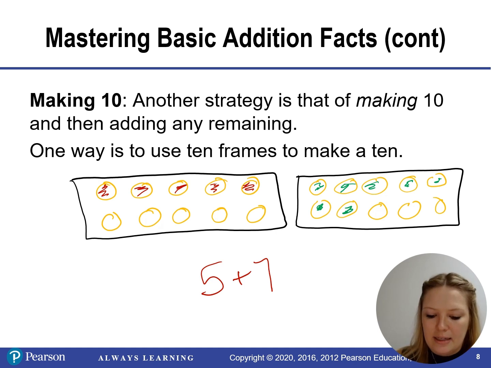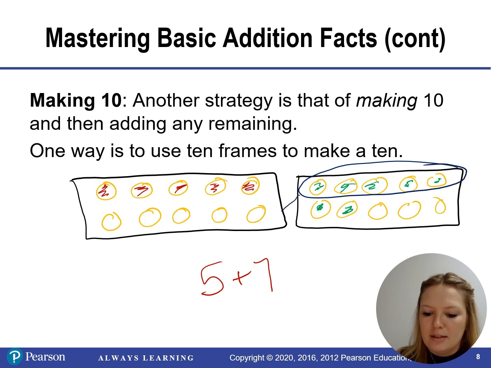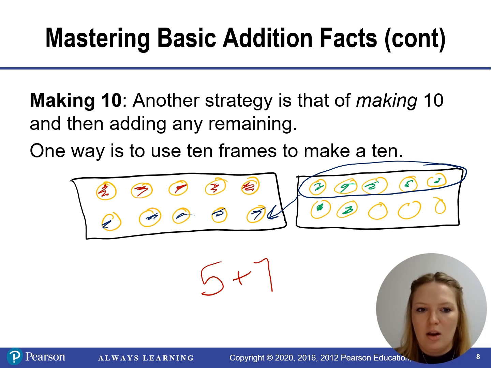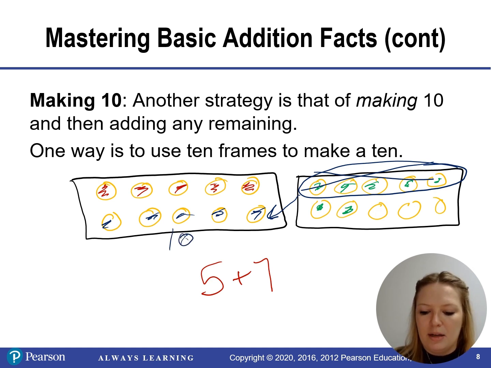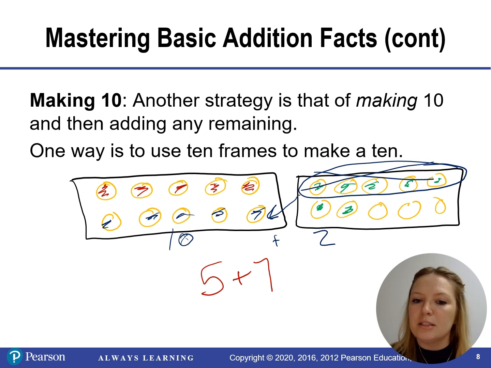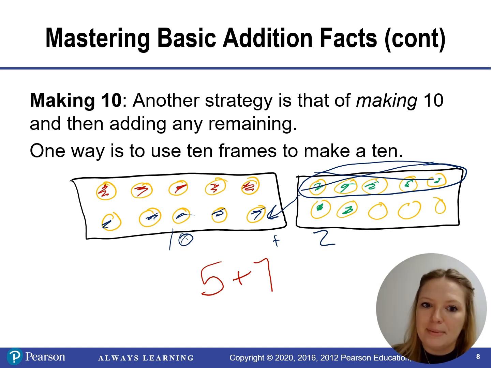I can easily make 10 by bringing the first 5 from my 7 over to my original 5, and now I see I have 10 plus 2 instead of 5 plus 7, and I can easily recognize that 10 plus 2 is 12, which is perhaps easier than thinking of 5 plus 7 on its own.